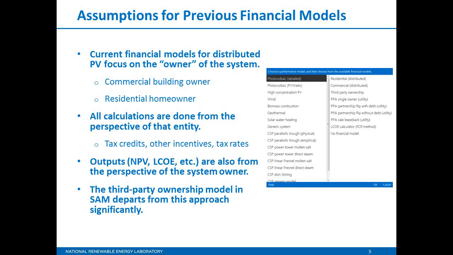So all the analysis is done assuming that that person either buys the system or takes out a loan for the system, or it's wrapped into their mortgage. And so all the calculations are done from the perspective of that entity. So incentives, tax credits, other incentives, tax rates, depreciation, etc. Does a homeowner get to claim accelerated depreciation or any depreciation at all on the system?